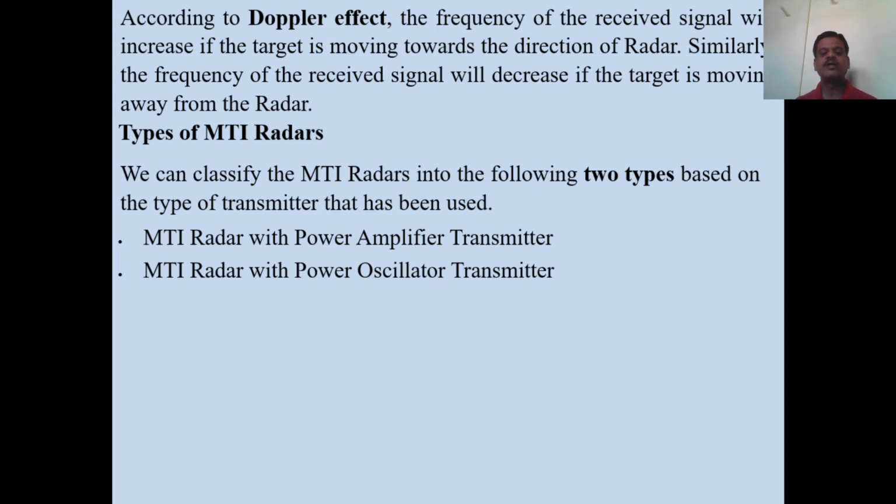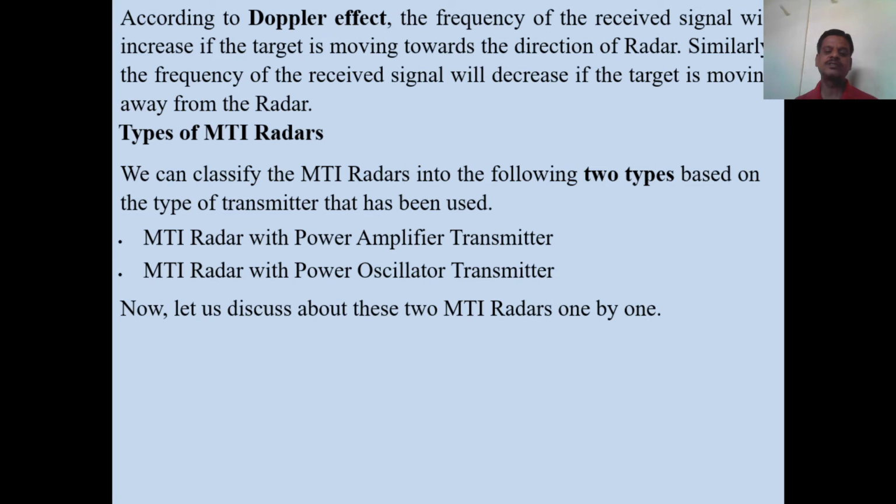In this radar, the power amplifier is used in the transmitter, therefore its name is power amplifier transmitter. The second type is the MTI radar with power oscillator transmitter. Means instead of the power amplifier, a power oscillator is used in the transmitter.